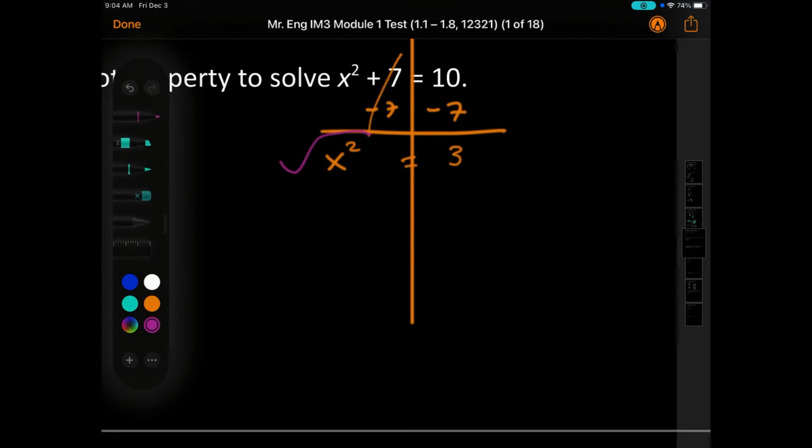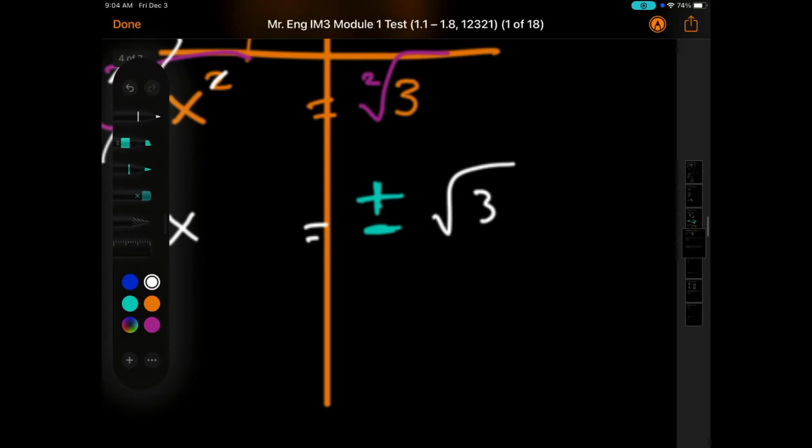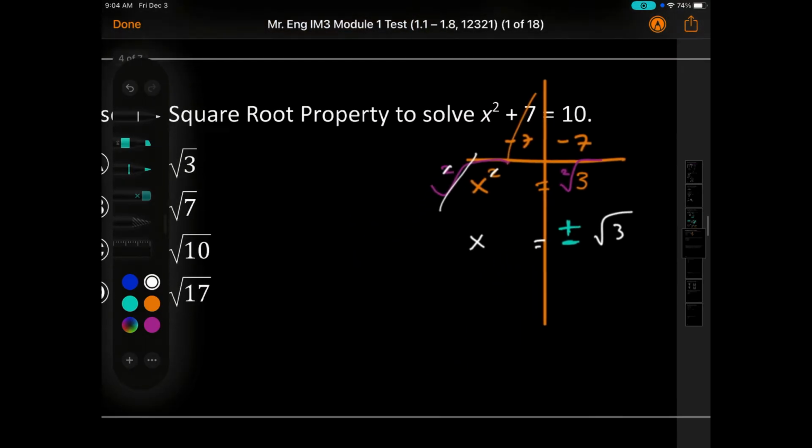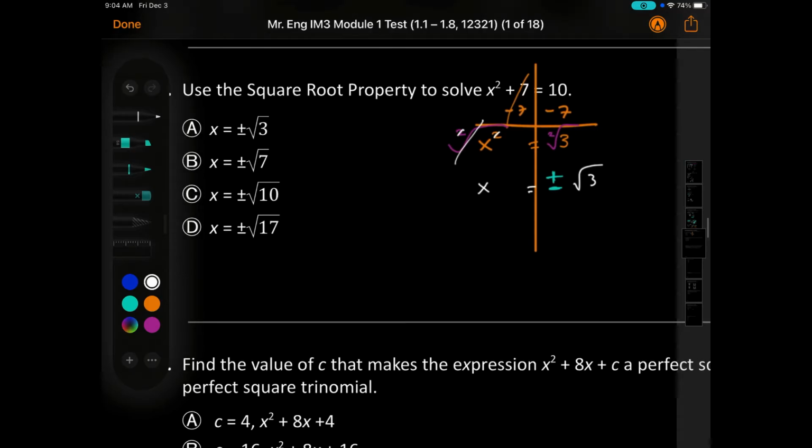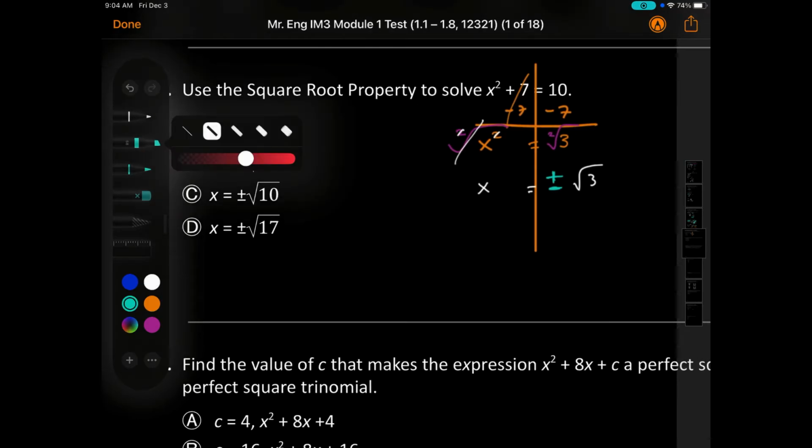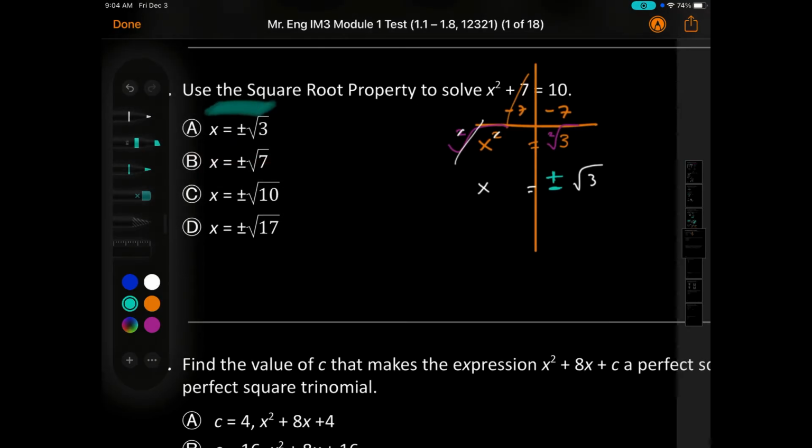If I take the square root of both sides, remember these will cancel, so you're left with x equals plus or minus the square root of 3. Now, you'll notice I did not write that 2 in pink because it's implied that it's there. We call it invisible. So which one of those has that? That would be choice A.